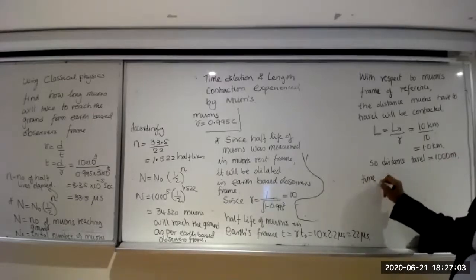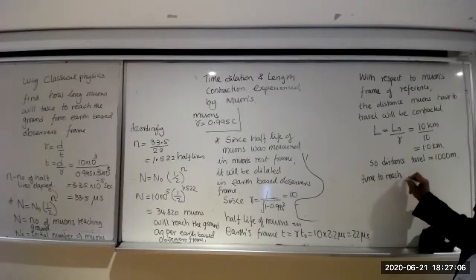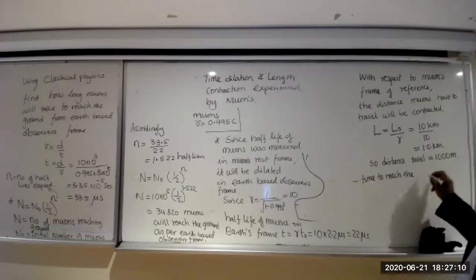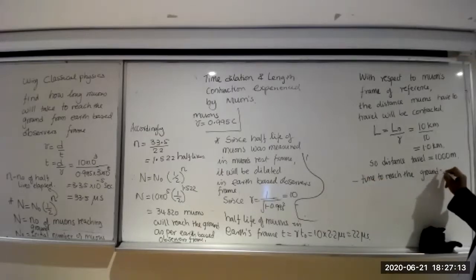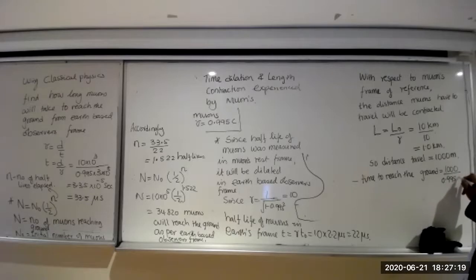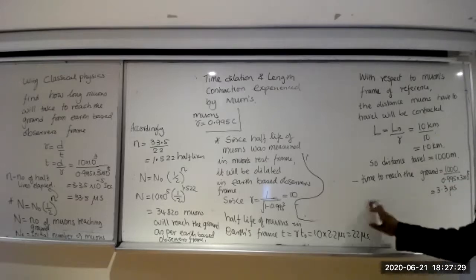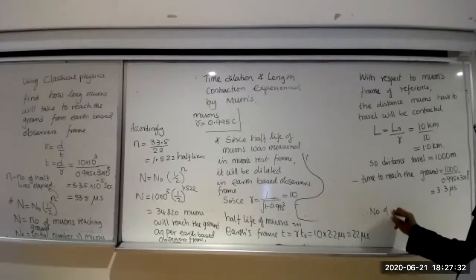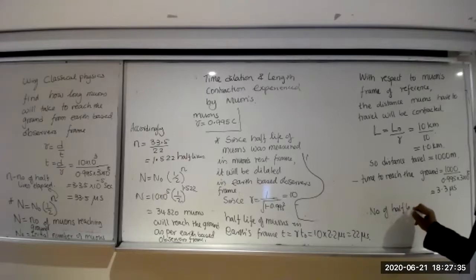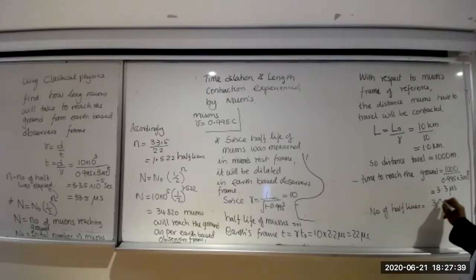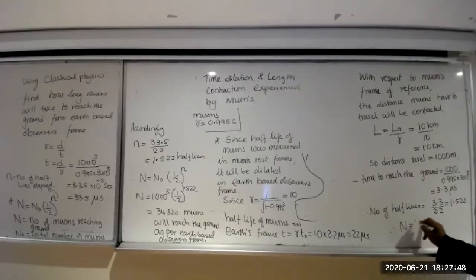Time to reach the ground is 1,000 divided by (0.95 times 3 times 10 to the power 8), which is 3.3 microseconds. Number of half-lives then is 1.5. Therefore, n would be the same as before.